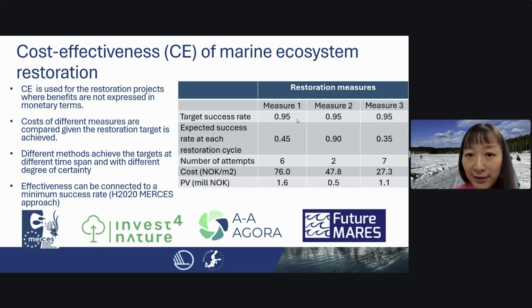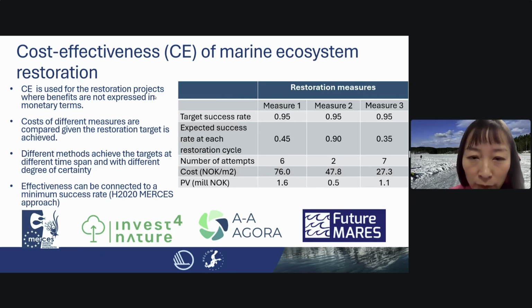So in the table on the right, I showed an example of how this kind of cost effectiveness analysis could look. Here you have 3 measures: measure 1, measure 2, and measure 3. The restoration target we set is that all the measures... Sorry, you may hear a little bit of background noise because I'm in the airport.